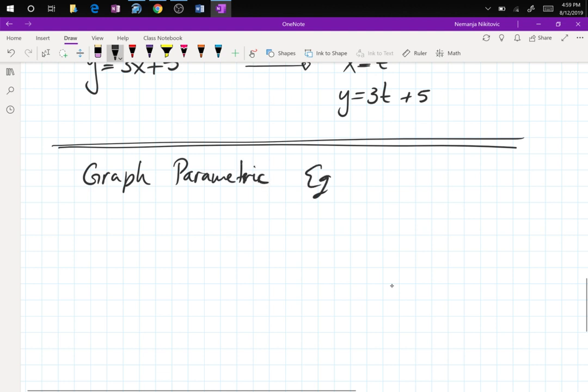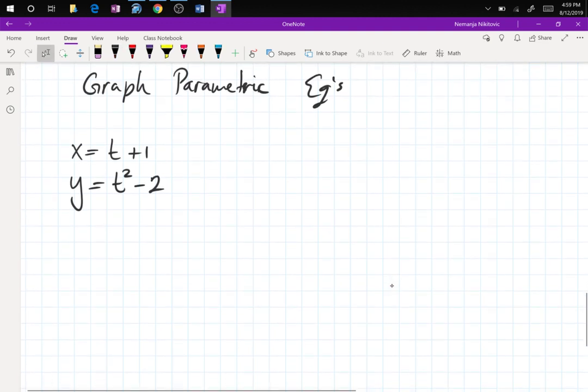parametric equations. So say you have x equals t plus 1 and y equals t squared minus 2. Let's say this is your set of parametric equations. How would you graph this set? Well, you can use the middle school method of picking the points, calculating their values, and then plotting the dots and connecting the dots.